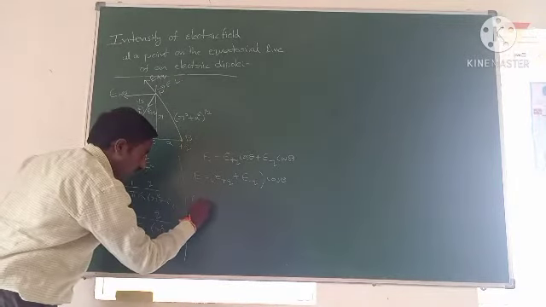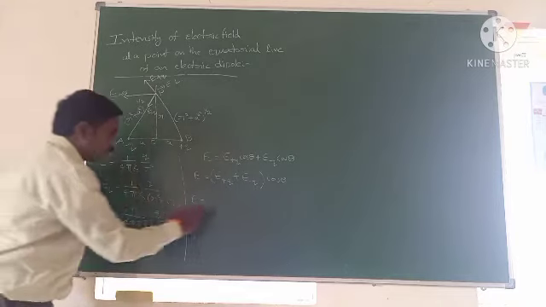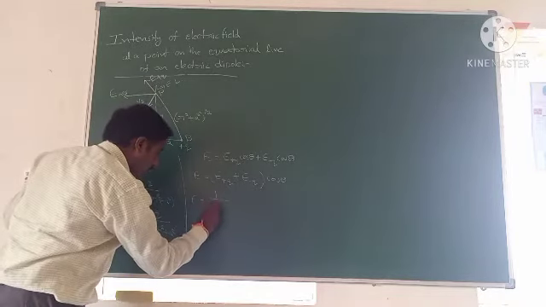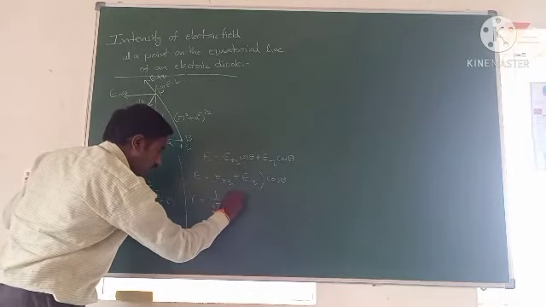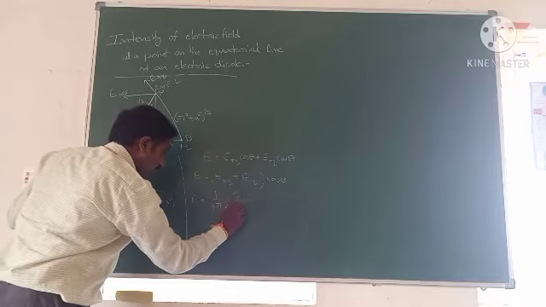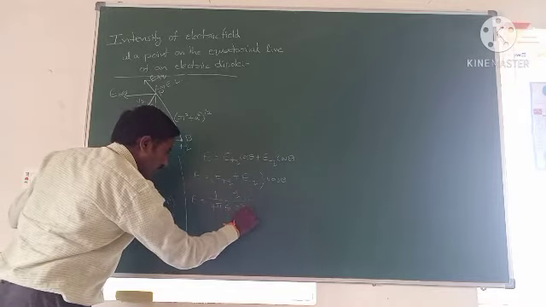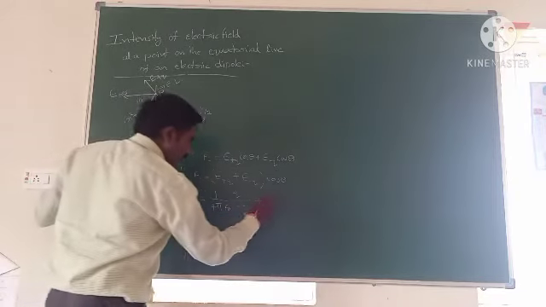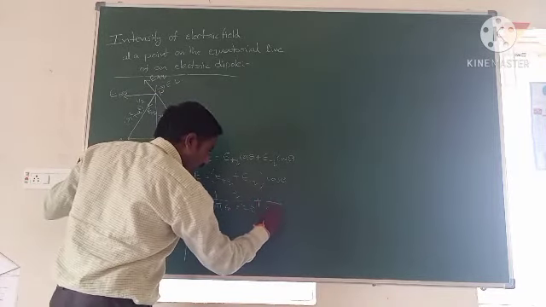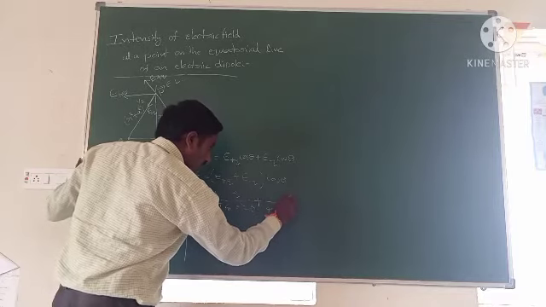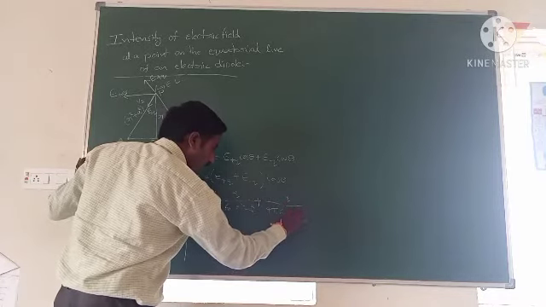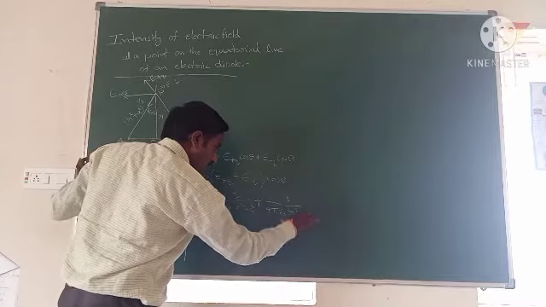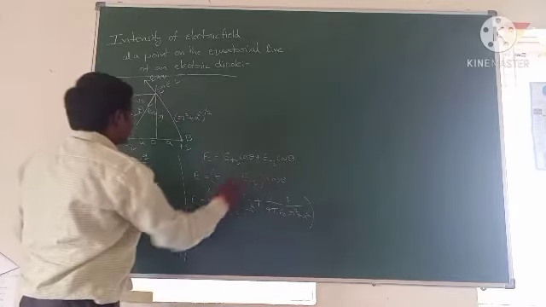So E equals E plus Q. E plus Q means what? 1 by 4 pi epsilon naught Q by R square plus A square, plus E minus Q component is the same, 1 by 4 pi epsilon naught Q by R square plus A square, into cos theta.